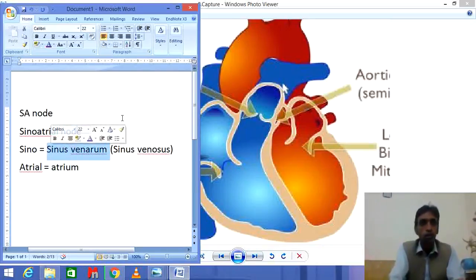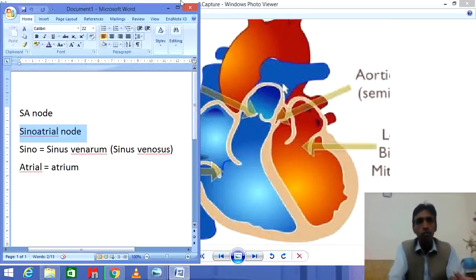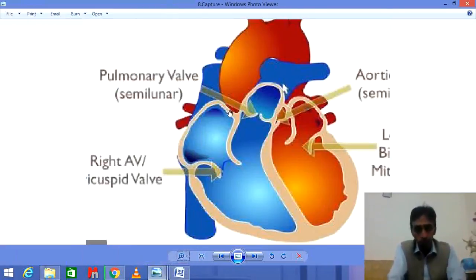So the word sinoatrial node is derived from sinus venarum and atrium. This was the background of this word.